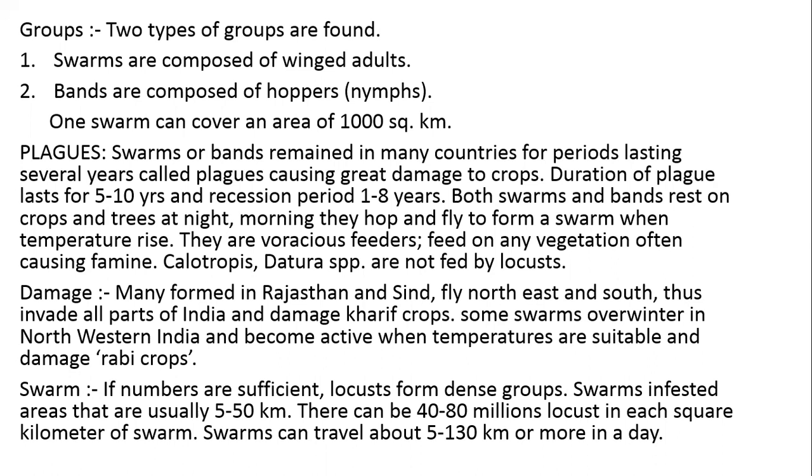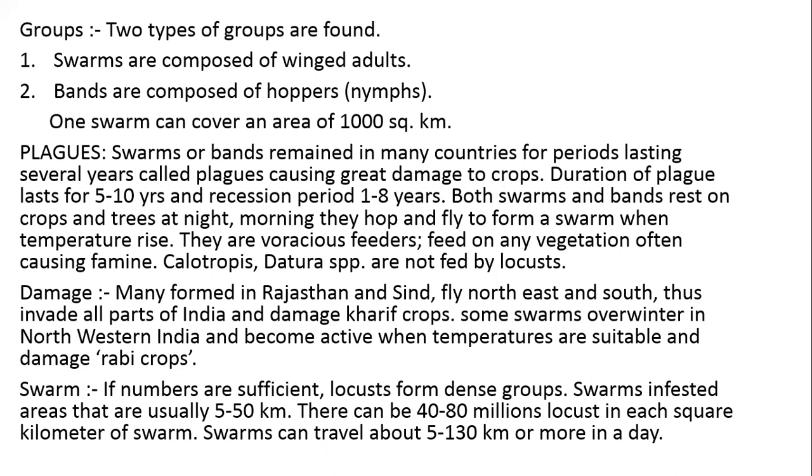Damage. Many forms in Rajasthan and Sindh fly north, east, and south, thus invade all parts of India and damage kharif crops. Some swarms overwinter in northwestern India and become active when temperatures are suitable and damage rabi crops.